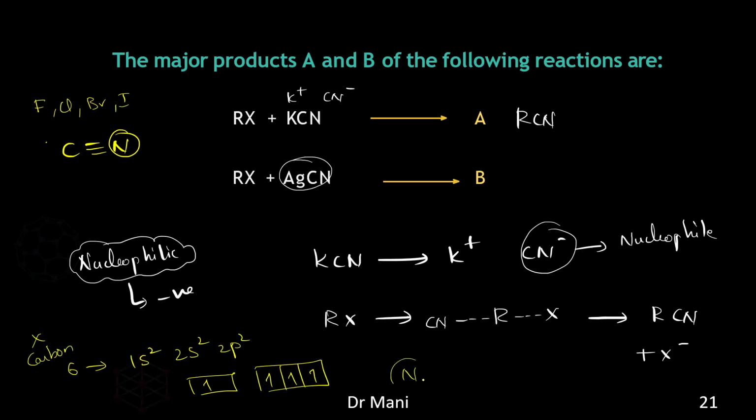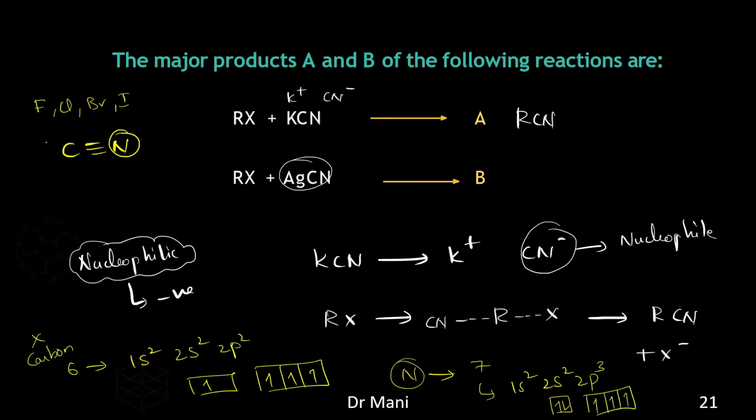And you take nitrogen. What is the atomic number for nitrogen? 7. 1s2, 2s2, 2p3. So there is one lone pair present, and each of the other orbitals has 1, 1, 1.